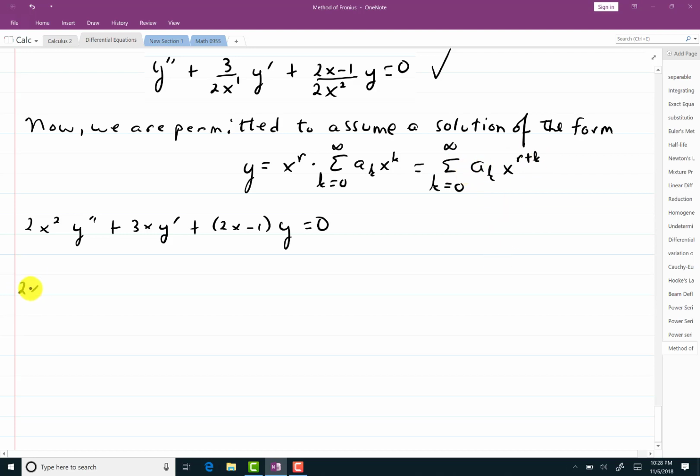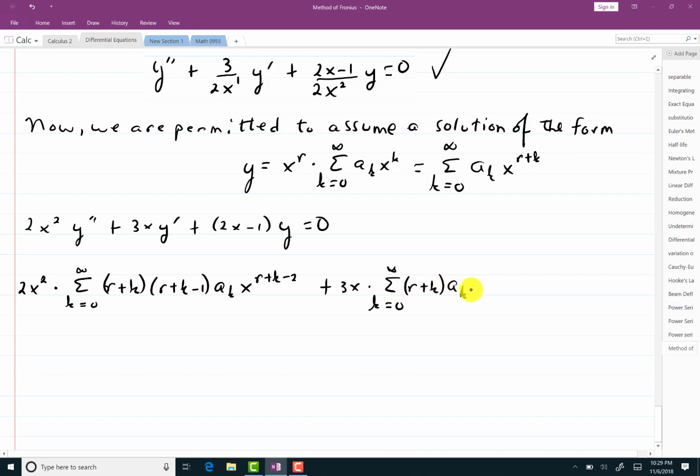I get 2x squared times the sum k equals 0 to infinity. So I need to take the first two derivatives of x to the r plus k. We have r plus k times r plus k minus 1, a sub k, x to the r plus k minus 2, plus 3x times the sum k equals 0 to infinity, r plus k, a sub k, x to the r plus k minus 1.